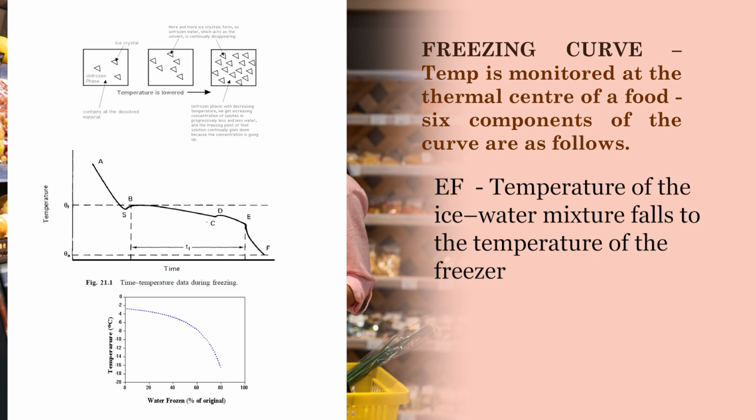Further, a dip is observed, and then after E, if you look at EF, the temperature of the ice water mixture is falling, and the product will try to come closer to the temperature of the freezer. So that is the cooling. Here, if you see the temperature versus the percent of ice formed, gradually the temperature is decreased and the unfrozen water is also decreasing.